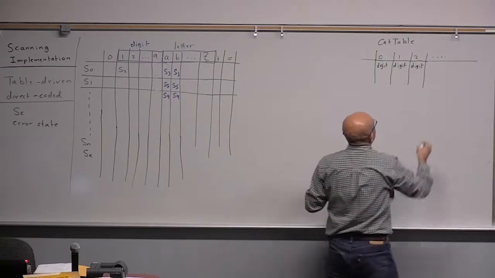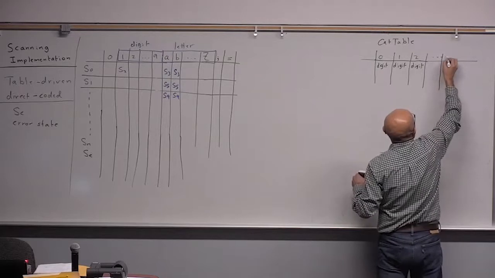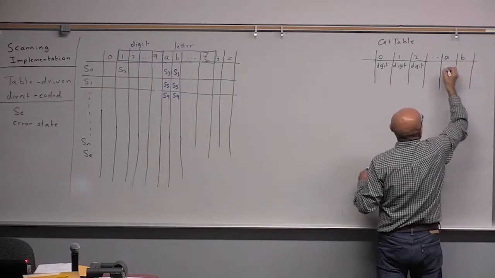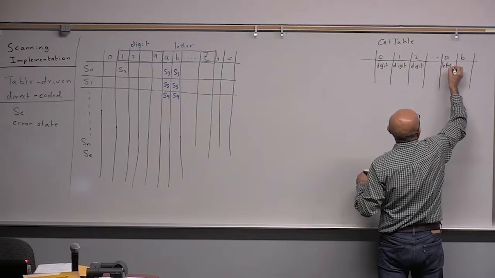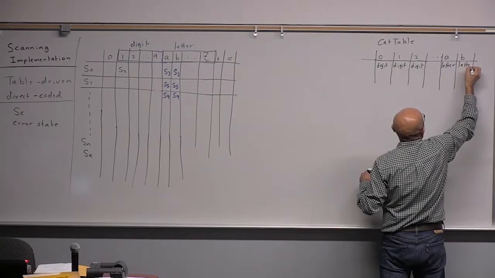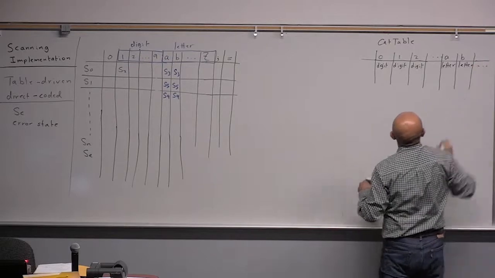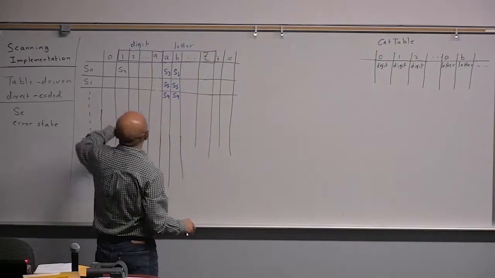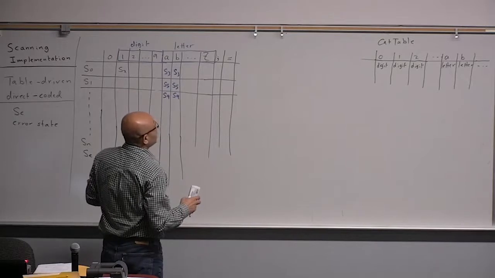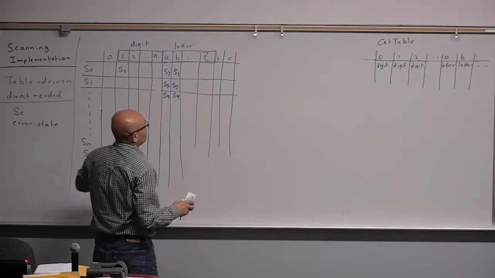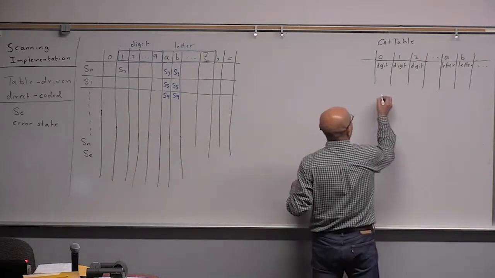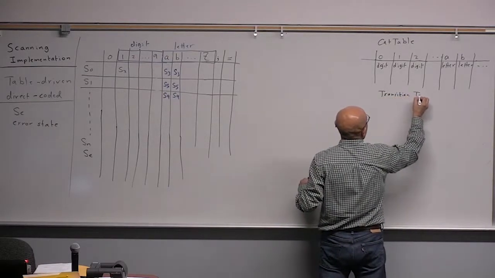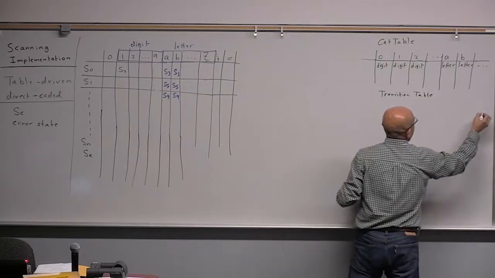Okay, and A, B, so these are letters. And then your actual transition table, which corresponds to the transition function, is going to be like this.